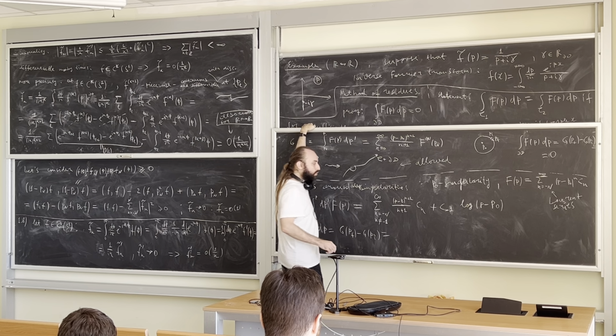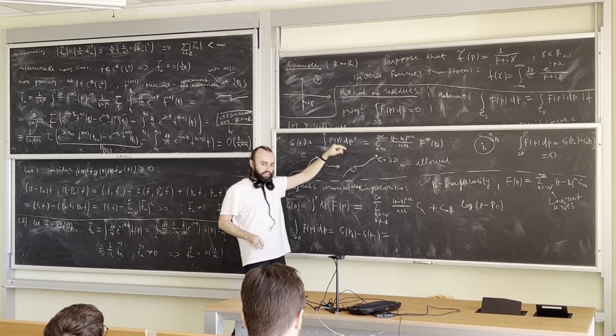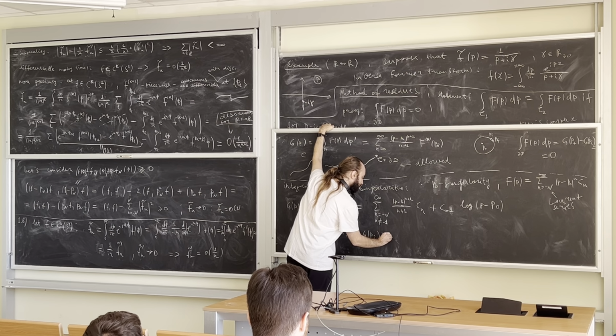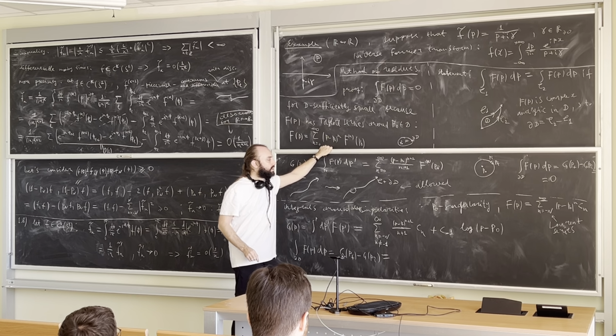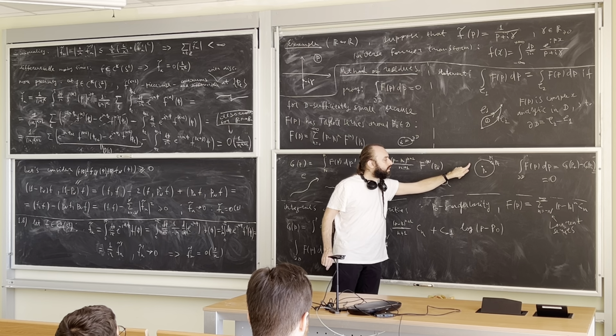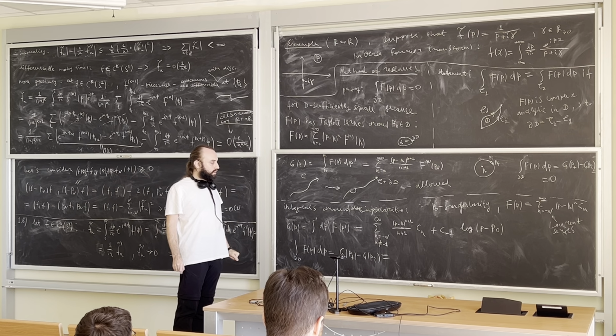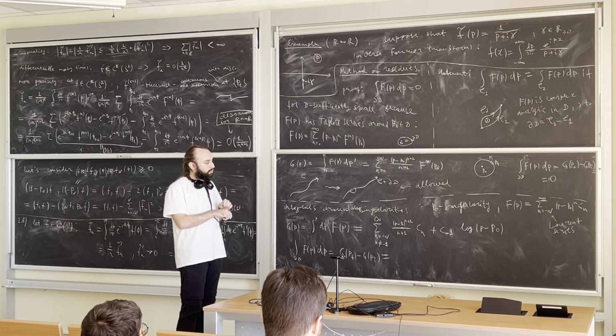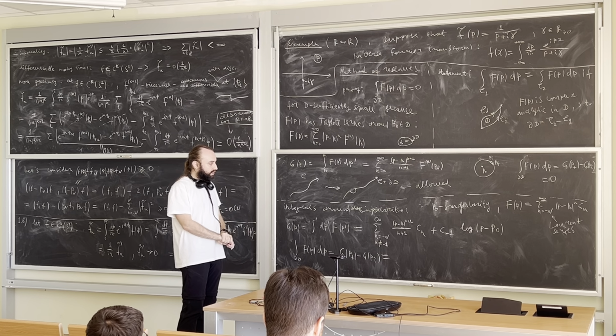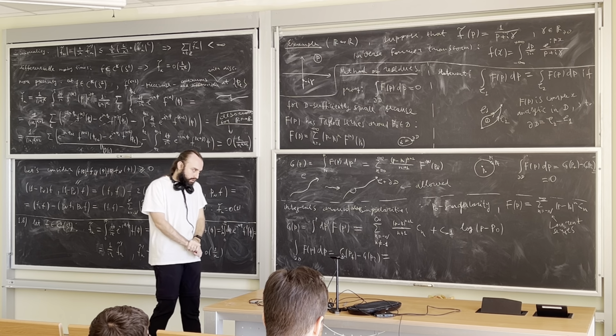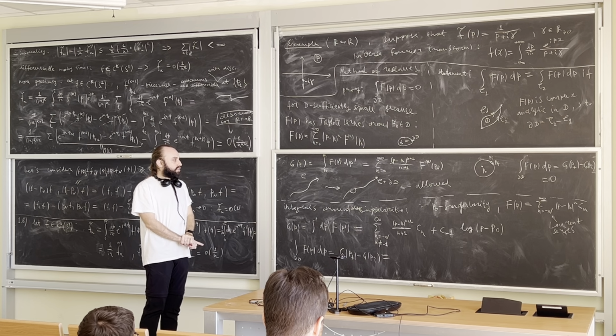And what does it equal to? Looking at this expression and at this picture, the argument of p minus p0 increases by 2 pi when we go around this circle.